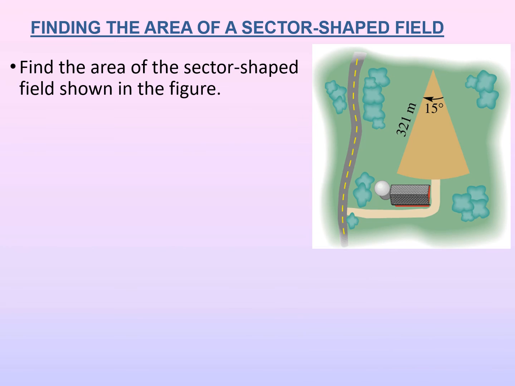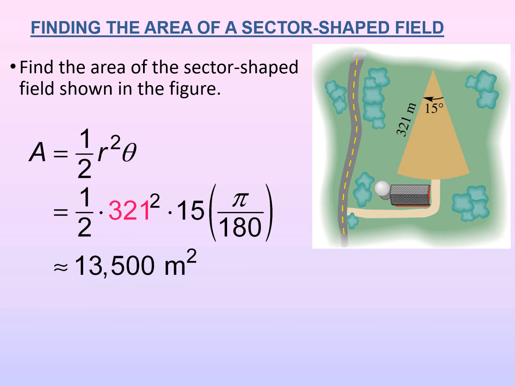So let us have some examples. First, finding the area of a sector-shaped field. So let us find the area of the sector-shaped field shown in the figure. So in doing this, we have to use the formula area is equal to 1/2 r squared theta. And then we are just going to substitute the values.